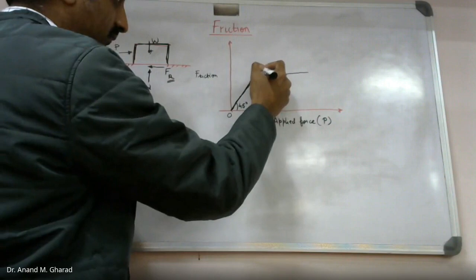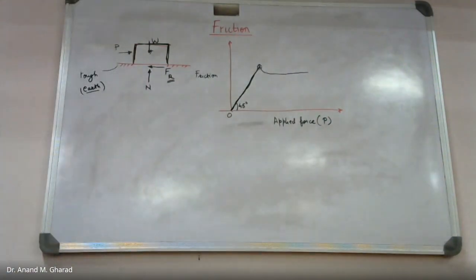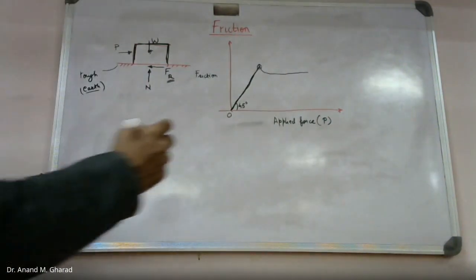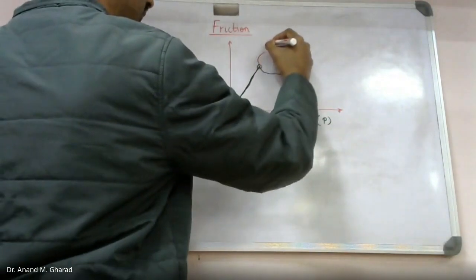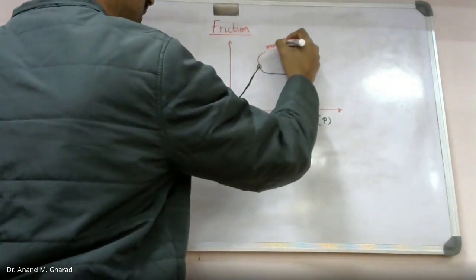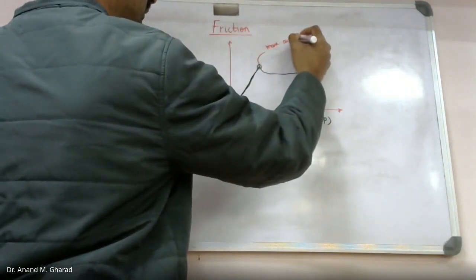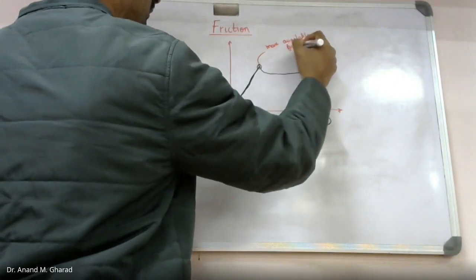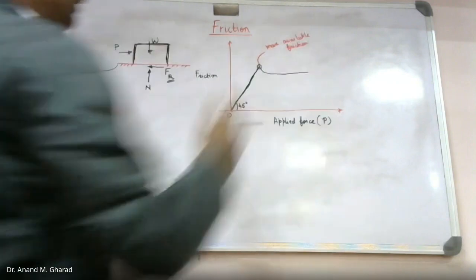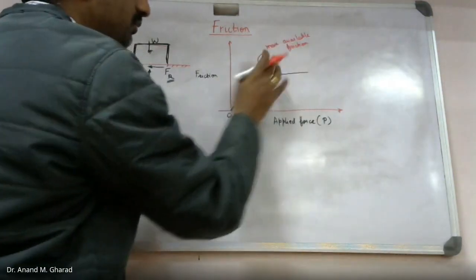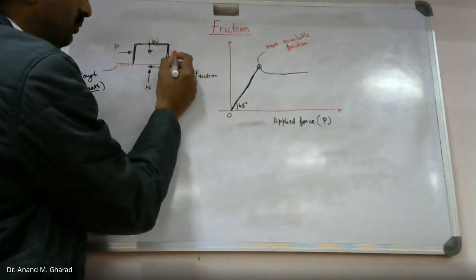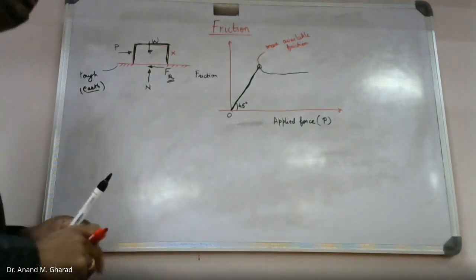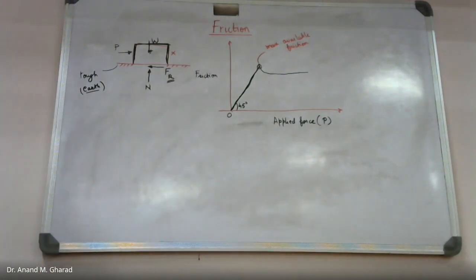This is known as the maximum available friction. Up to this point, you will observe that there is no movement in the rigid body.